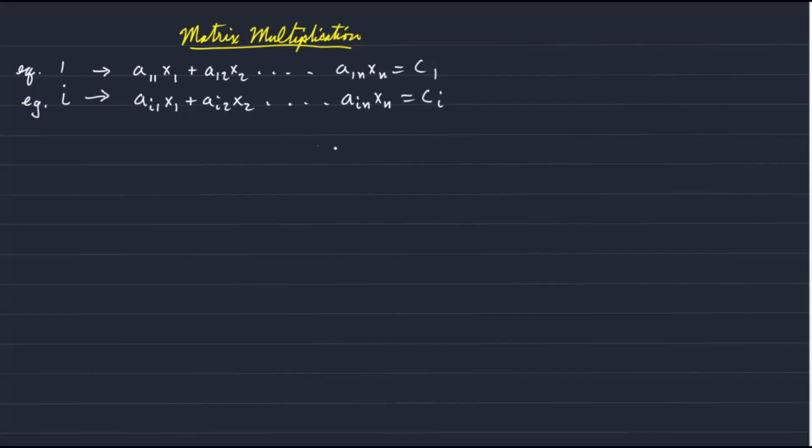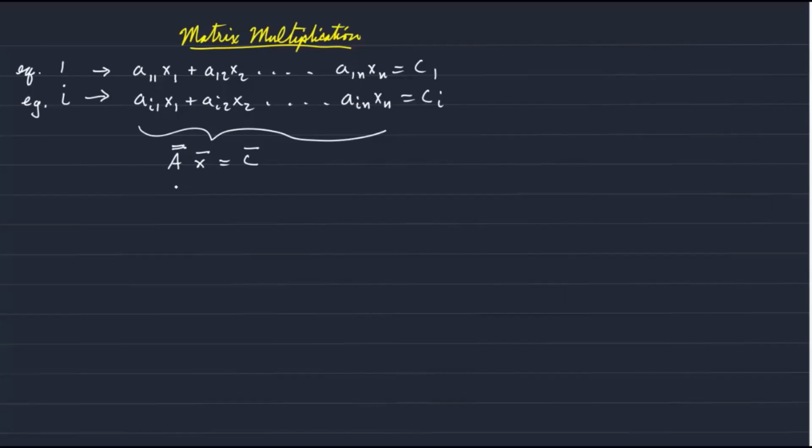So that's the ith equation, where what I've drawn here is the first equation, and this is the ith equation. And so we can describe this multiplication as the product of a matrix containing all the a's with a vector of x's being equal to a vector of c.